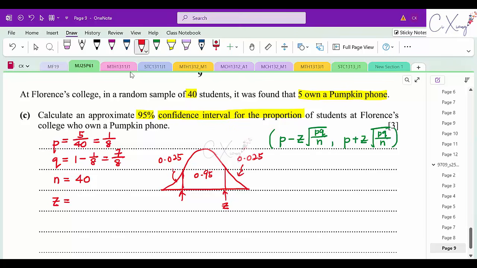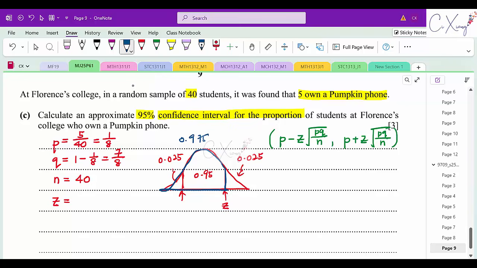This is how our area looks. Okay, 95% means 95% in the center. So divide the 5% equally to the left and right hand side. So each side will be having 0.025. To get the value of Z, I have to refer to this big area here, 0.975, this blue color area. So these two areas added together, you'll get 0.975, right?